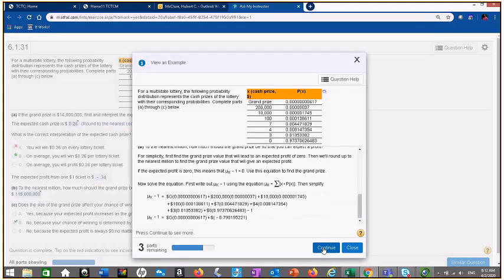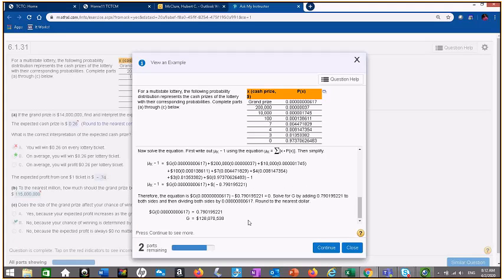There it is. Mu minus 1 is equal to g times the probability of g plus the probability minus 1, and the 1's cancel. And then you're left with g times p of g is equal to that number right there. You bring that over here, and yeah, you just solve.